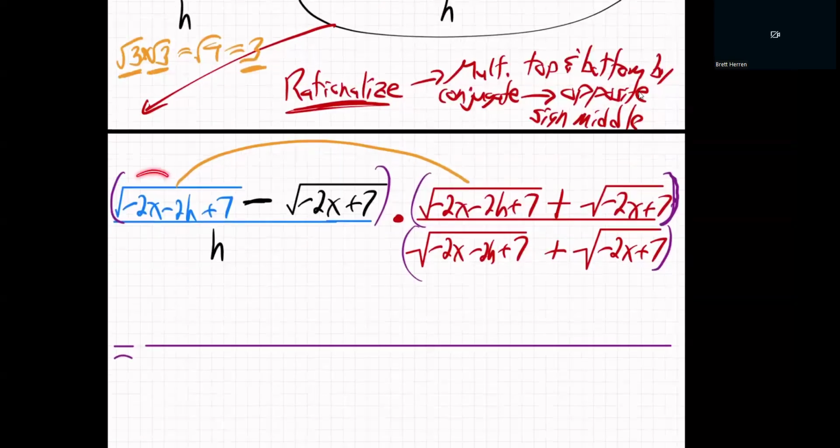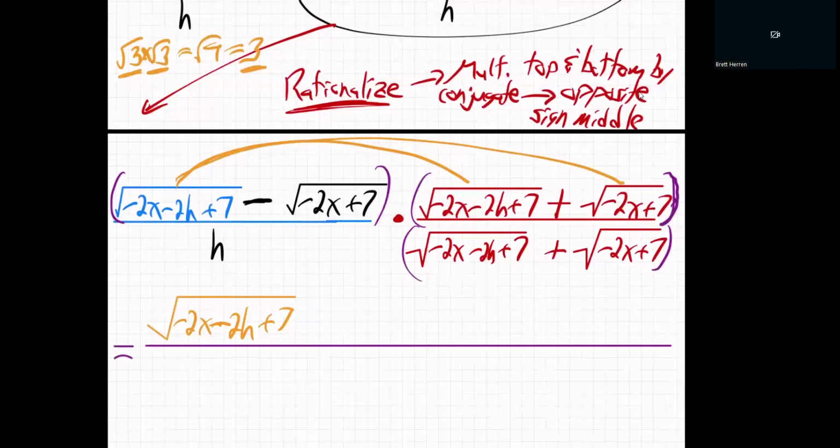So the root of this whole thing times the root of the identical thing, the roots just vanish. So we'll end up with minus 2x minus 2h plus 7. Now, this guy goes here also. Hmm, that's going to be terrible. I've got to squeeze this down and make this smaller. I'm realizing this is going to be big, so let me try again.